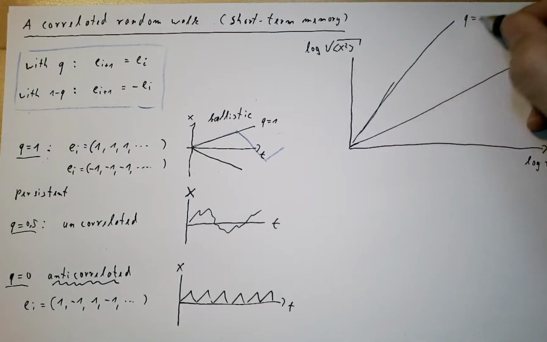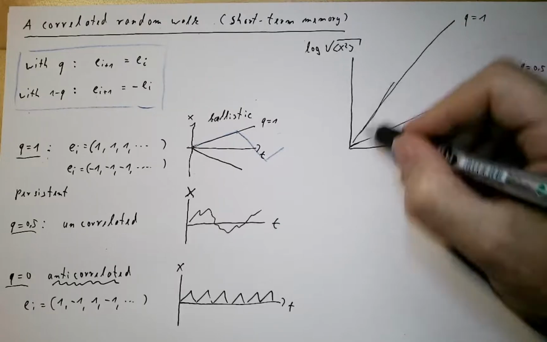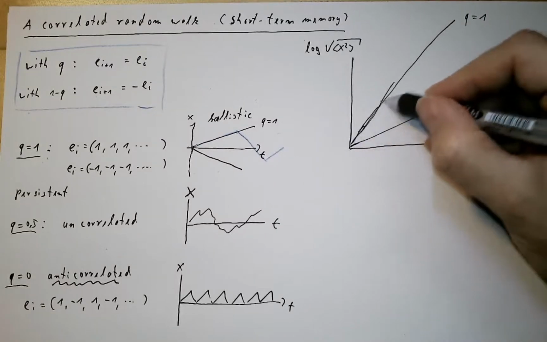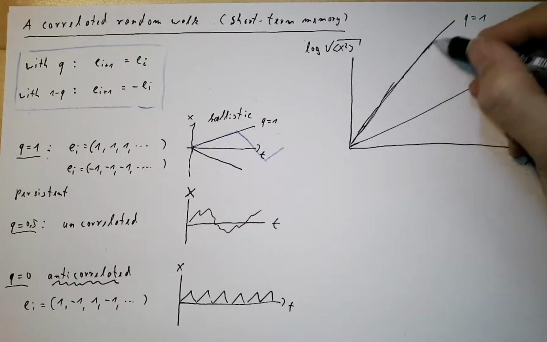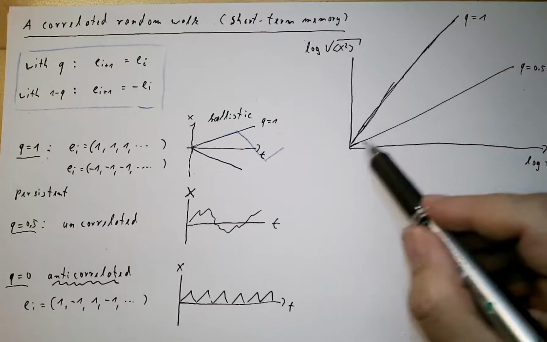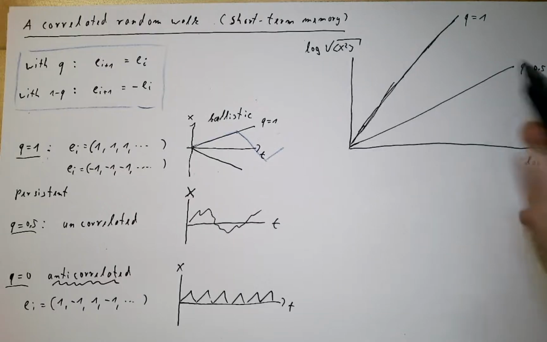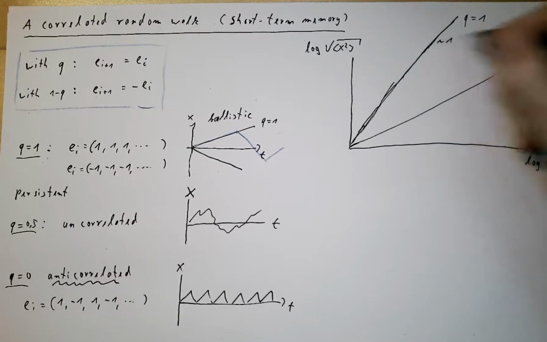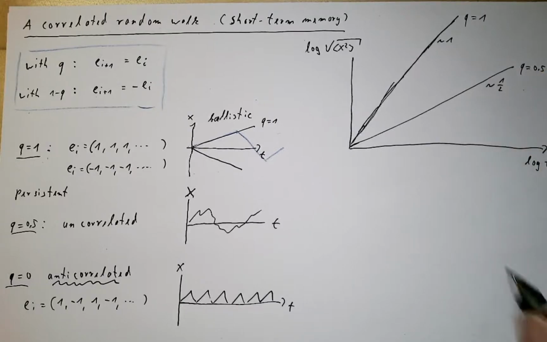For q equal 1, we have a ballistic movement. So the typical distance that the walker achieves as a function of time goes linear with time, and in this case here we have the slope 1, here we have the slope 1/2.